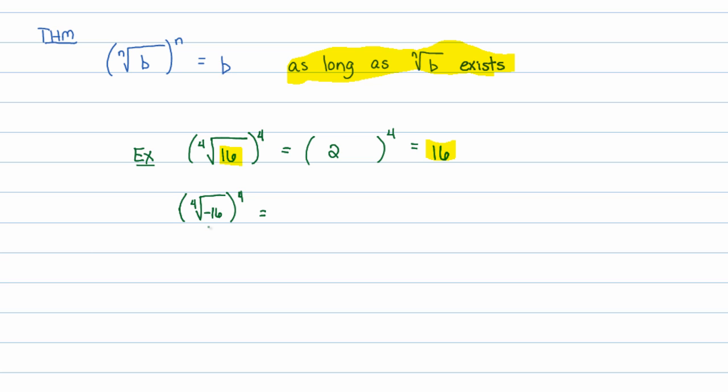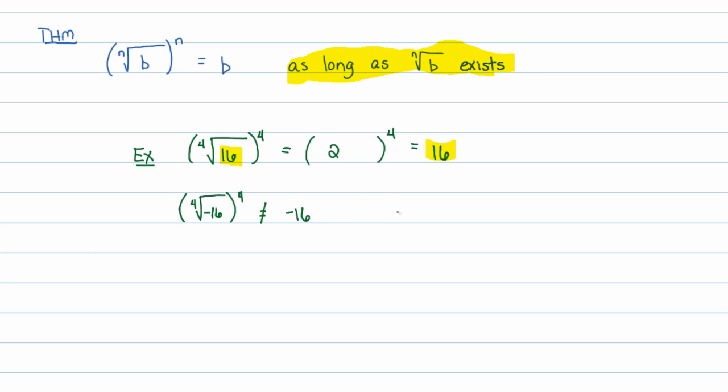So that's a very dangerous assumption. You just can't do it. You have to say, well, can I take the fourth root of a negative 16? No, I can't. So this is not going to be negative 16. This is not equal to a negative 16.